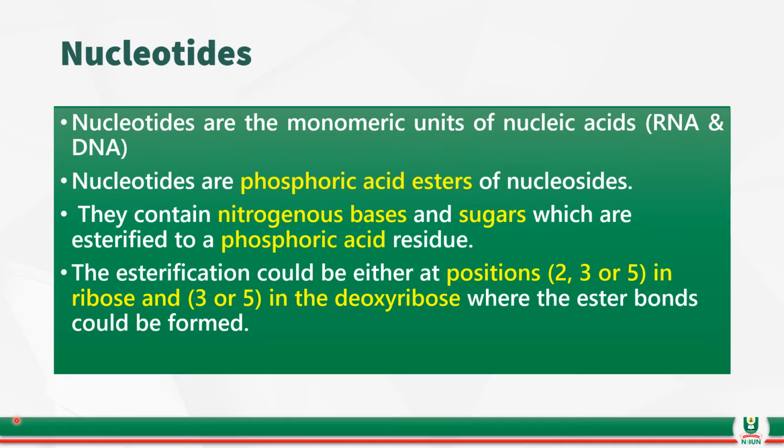We have the G, we have the T, we have the A, we have the C. Four of them keep on combining in different ways to form nucleotides in threes.